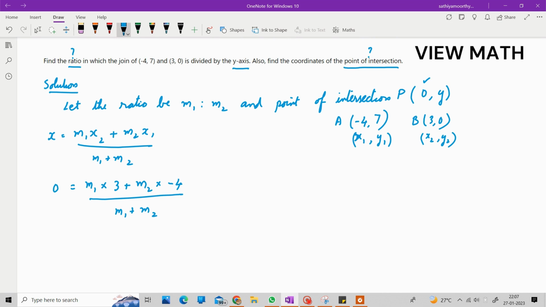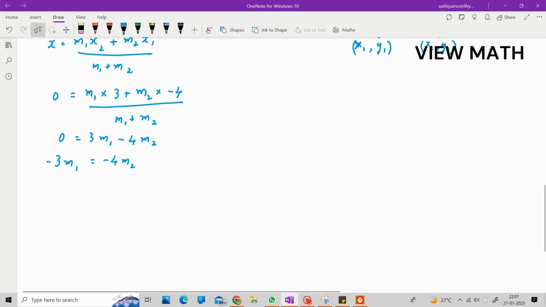Now m1 plus m2, if we take to the other side, it becomes 0. So 0 is equal to 3m1 minus 4m2. Now let me bring m1 to the other side: minus 3m1 is equal to minus 4m2. So m1 by m2 is equal to minus 4 by minus 3.